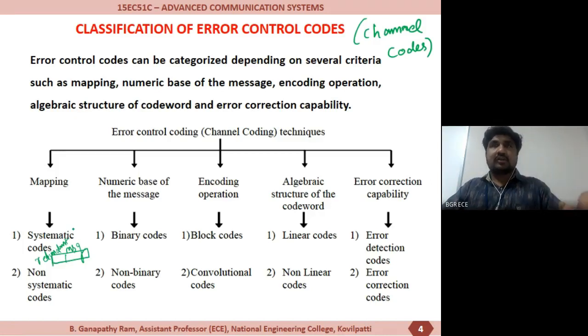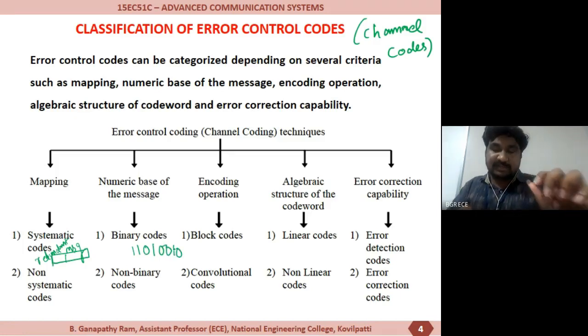And the error control code is again classified with the help of the numeric base of the message. If it is a binary code, for example 11010001, where the message bits are represented with binary data, then that type of channel coding is called binary channel codes.